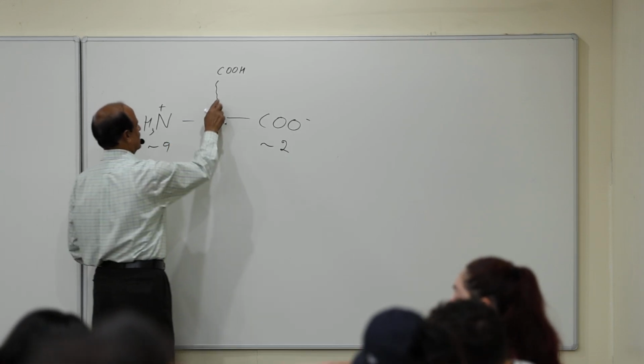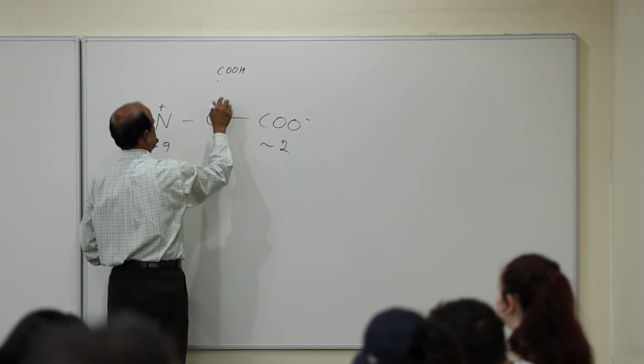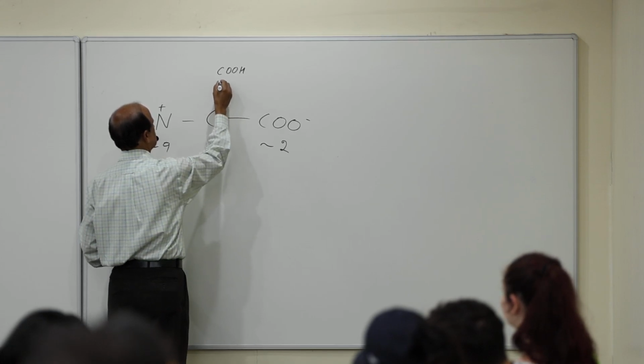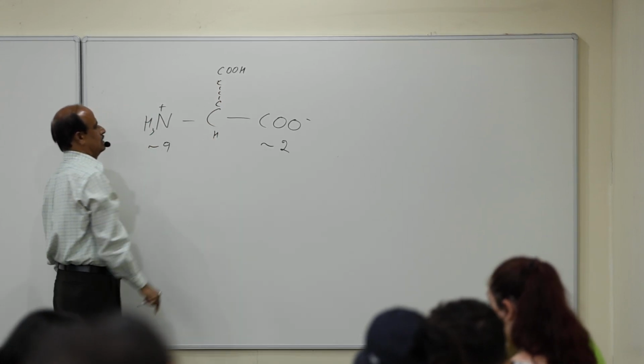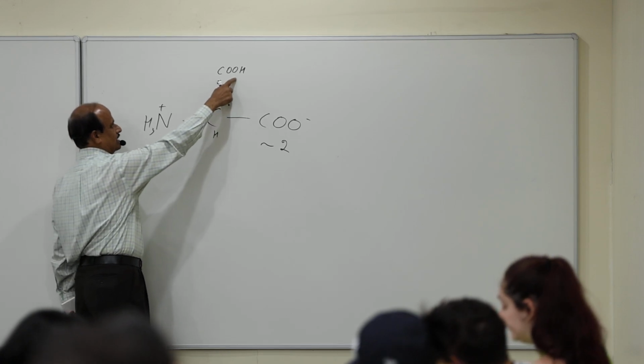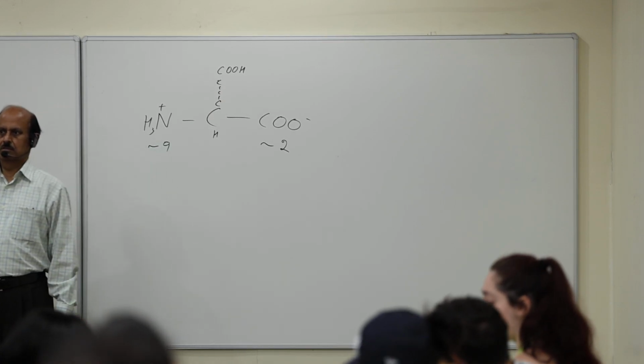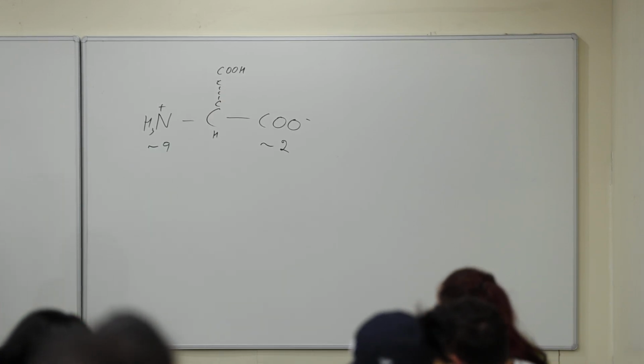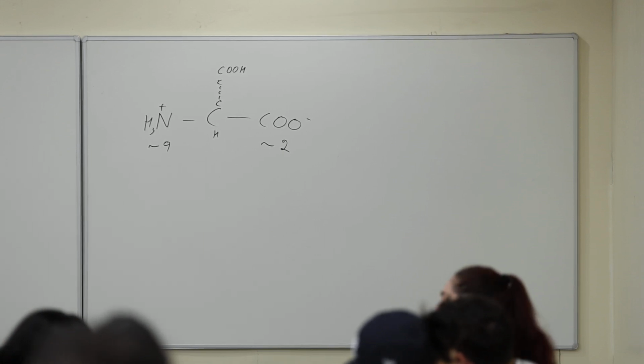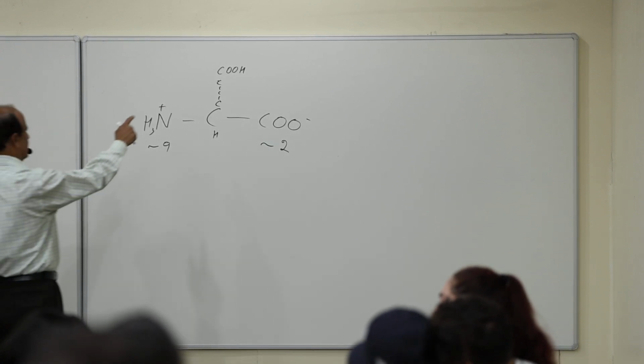If there are several carbons here, let's say 3 carbons as in glutamate, this carboxylic acid will be a stronger acid than acetic acid. But that's not really predictable, because what factors decide how easily this will ionize?